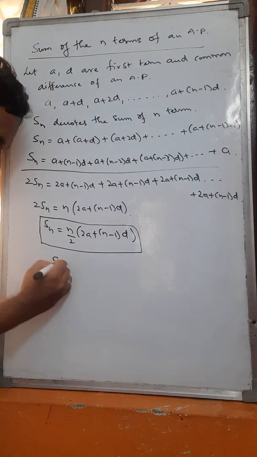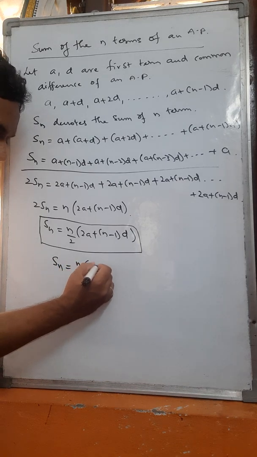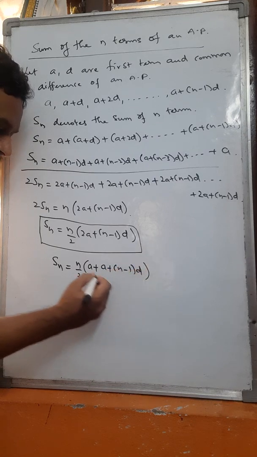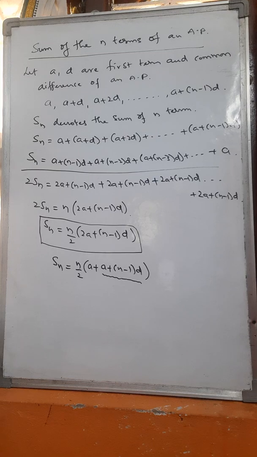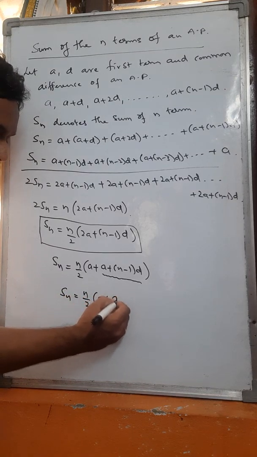Now in this, I am taking Sn is equal to n by 2 into A plus n minus 1 into D. This is nothing but the nth term of the AP, denoted by an. So Sn is equal to n by 2 into A plus an.